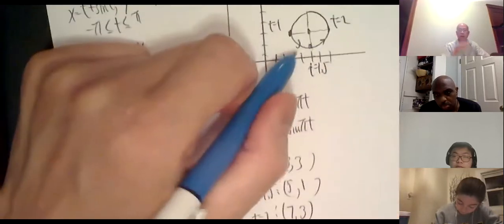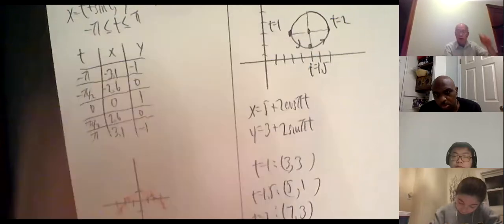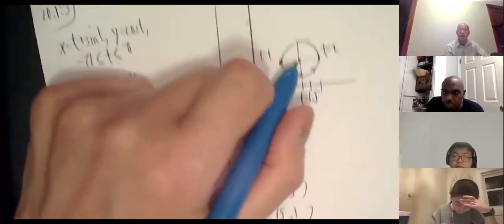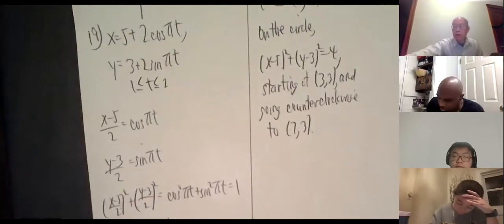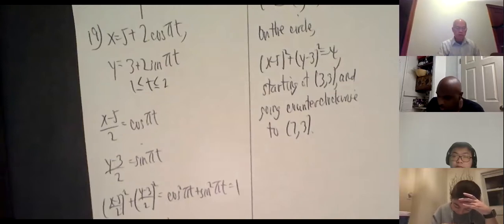And going, let's see, this direction is counterclockwise. And going counterclockwise to my ending point. Where was my ending point? (7, 3). So that's a description of the motion of this particle. Okay.